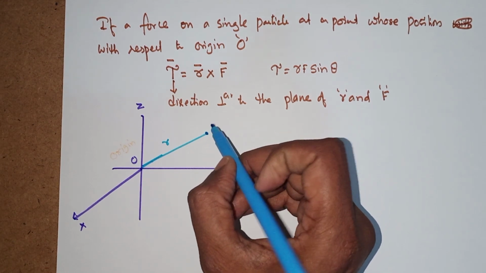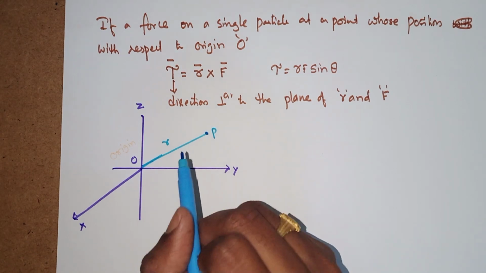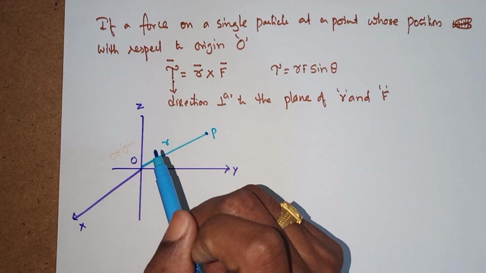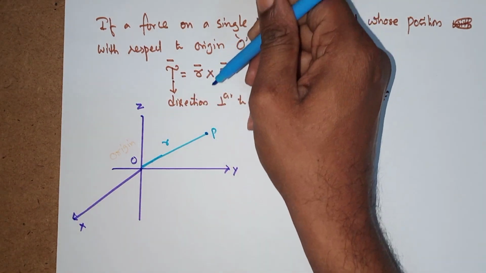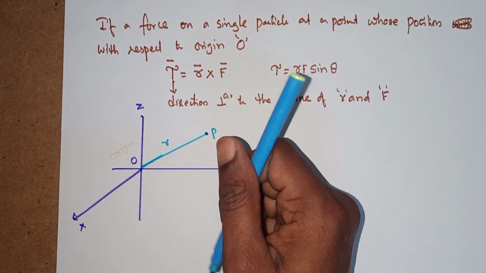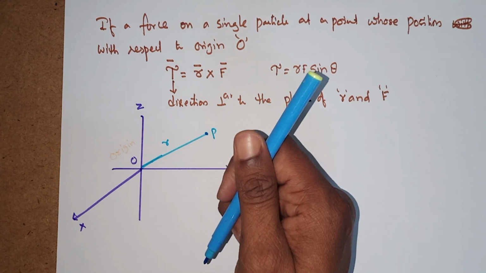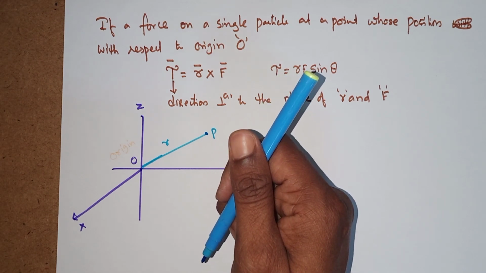So ultimately we apply a force. When you apply the force, it can rotate about the z axis here. You can apply force in different directions. Based on the direction, it will produce a clockwise or anti-clockwise torque, depending on the force applied.